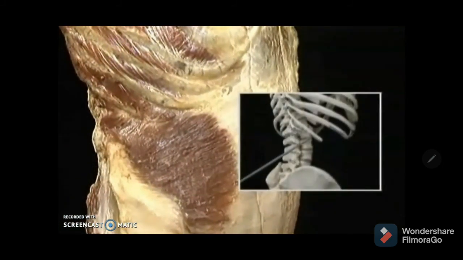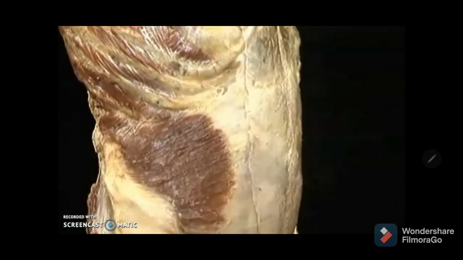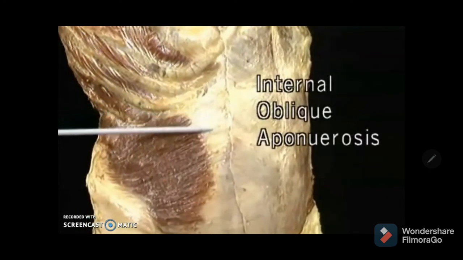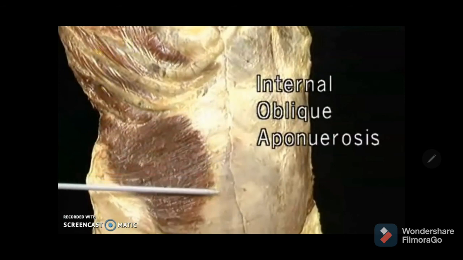They take origin from the inguinal ligament and iliac crest, insert into the lower 4 ribs and form internal oblique aponeurosis.